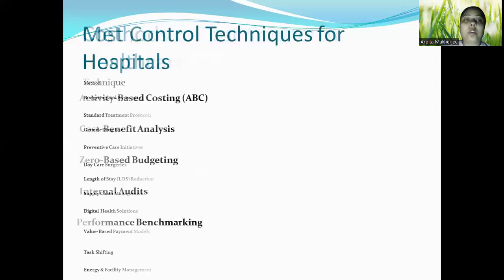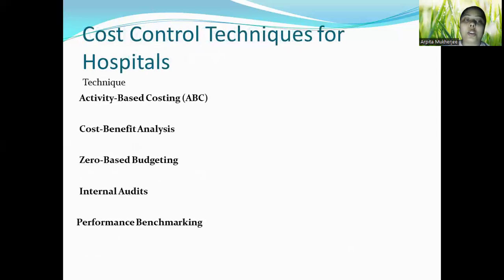The cost control techniques for the hospitals. So the different cost control techniques are: first, the activity-based costing or the ABC, to assign cost more accurately to services based on actual activities. Second, cost benefit analysis. Here, we evaluate whether a treatment or intervention is worth its cost or not.